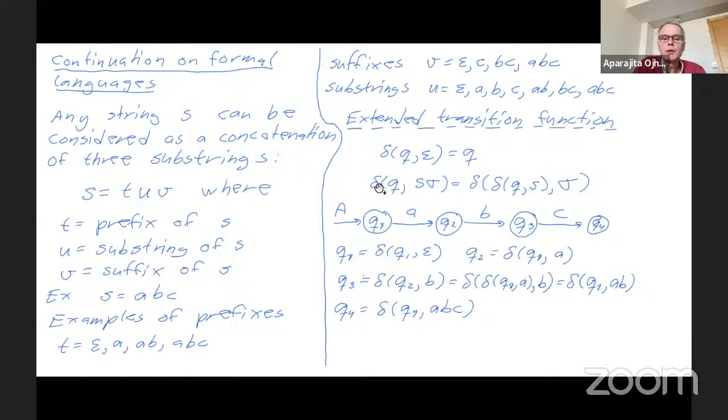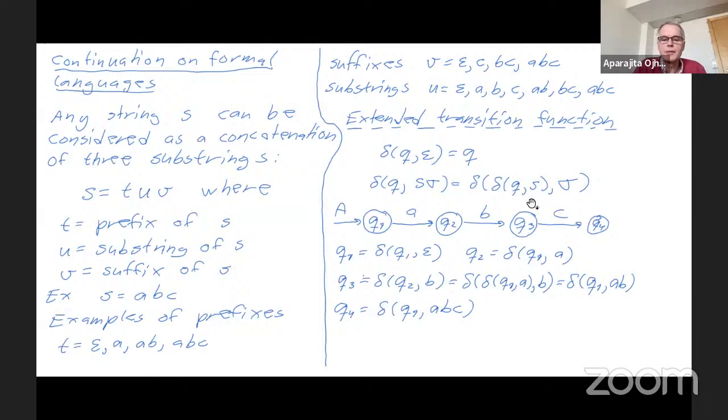Then if you would like to define the transition from Q via a string S followed by sigma, it's the state you get from delta of Q comma S, followed by the event sigma.